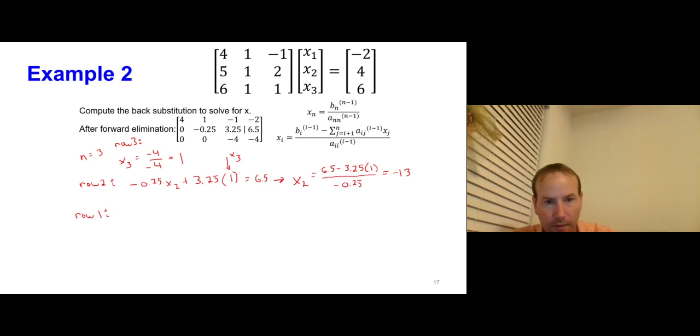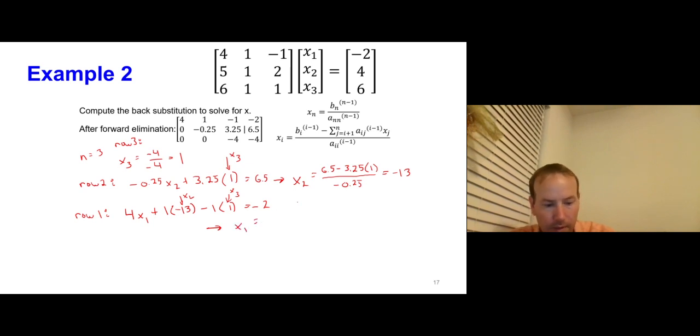Same idea. We're going to write out the equation right here, but plug in the ones that we know. We don't know x1 yet, but we do know 1 times negative 13, that was x2, minus 1 times 1, which was our x3, equals negative 2. And we're going to rearrange this for x1.